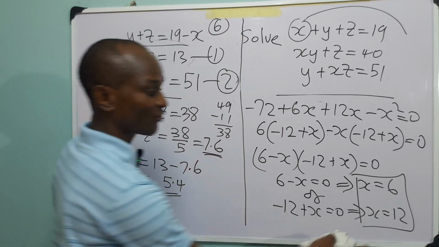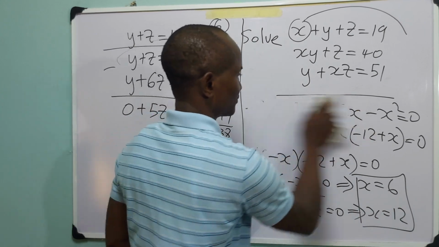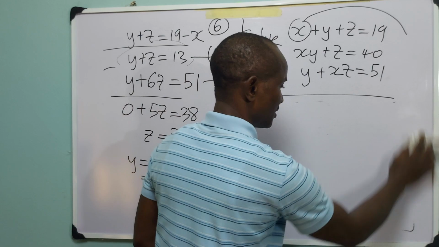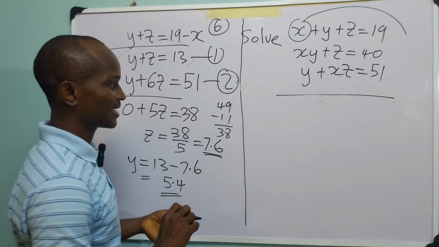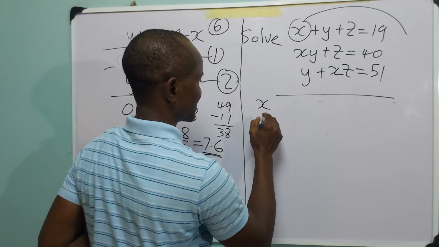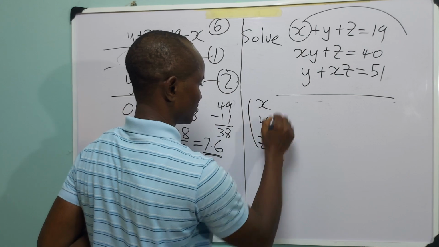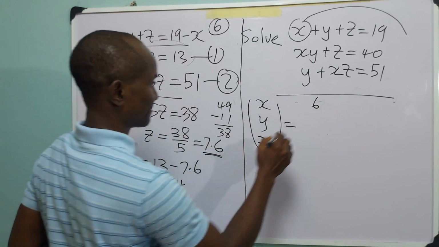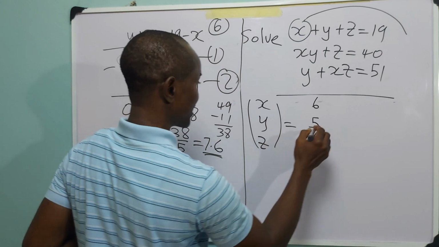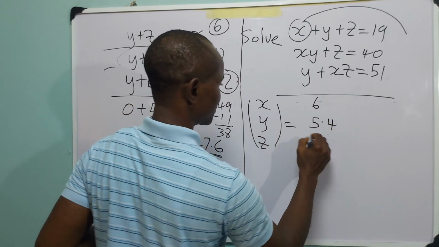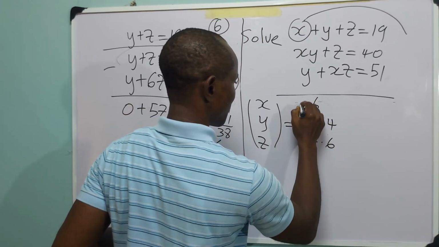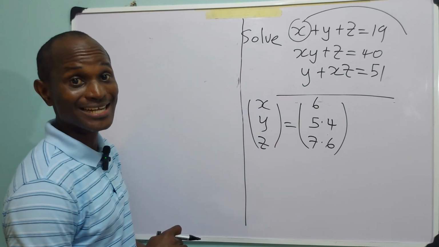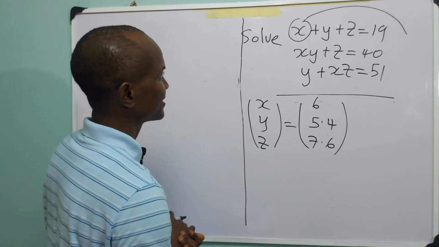Now we do the same thing for x equal to 12. So let me write the answer for the first set here: x is equal to 6, y is 5.4, z is 7.6. In the second case, when x is equal to 12, we do the same thing.